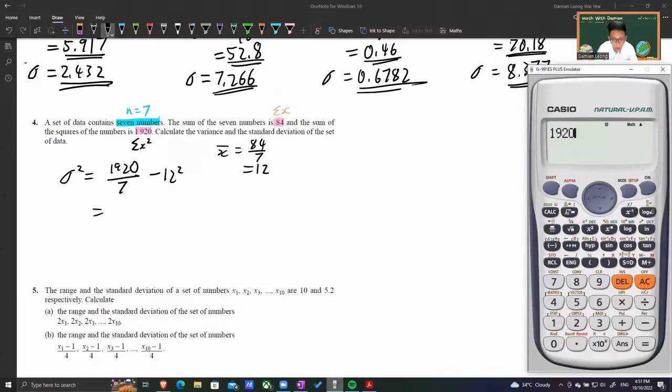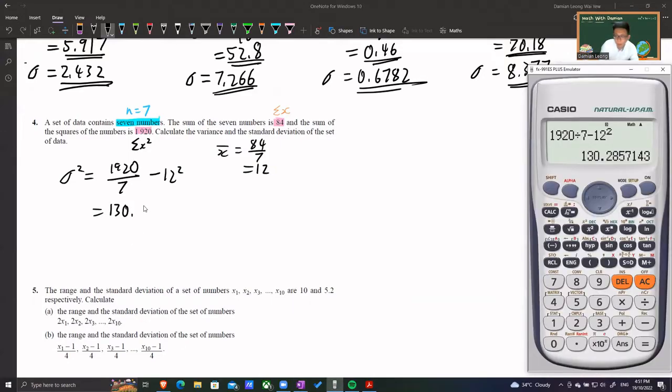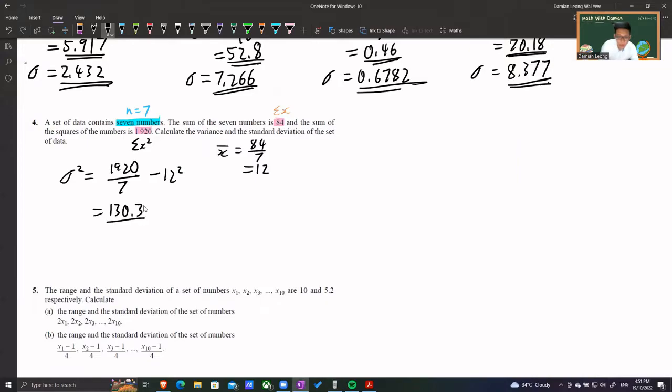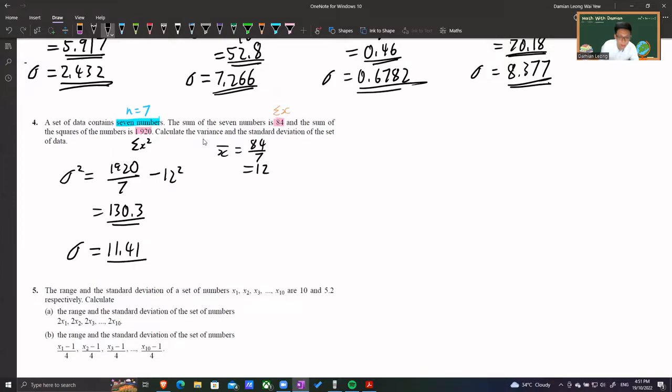So 1920 divided 7 minus 12 square. 130.28, so 0.3. And standard deviation, square root of that. So I get 11.414, 11.41. Yeah. Okay, so this is very, very simple, very straightforward.